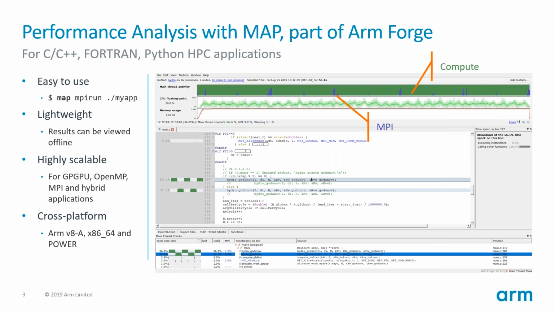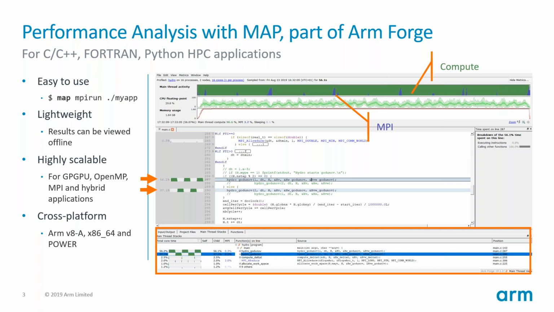The green sections indicate when these processes are computing, and the blue sections when they are performing MPI communications. The source code is displayed in the center and is annotated with time information. The application stack trace is displayed in the bottom of the GUI.